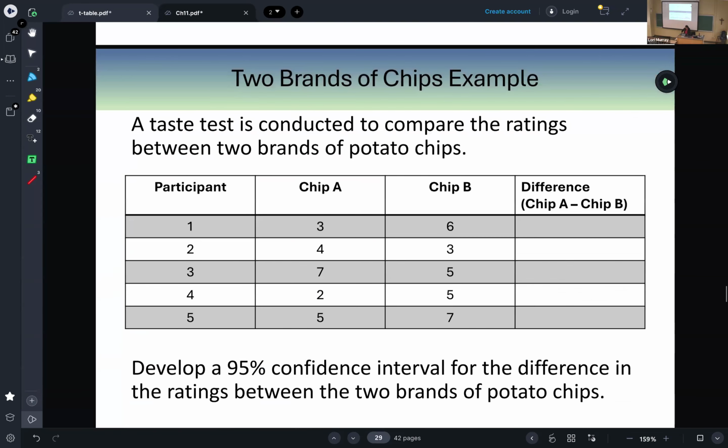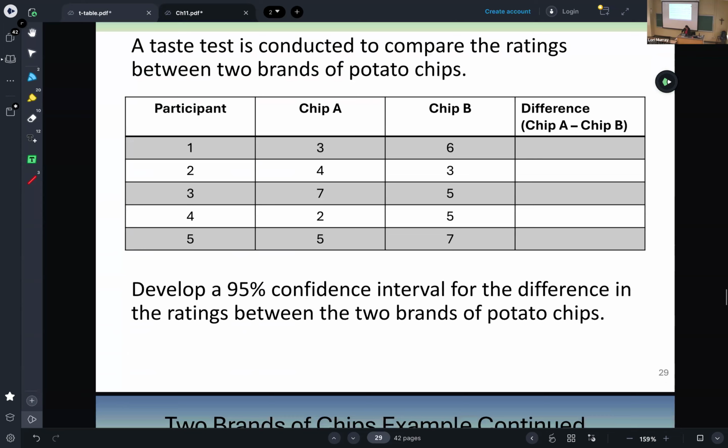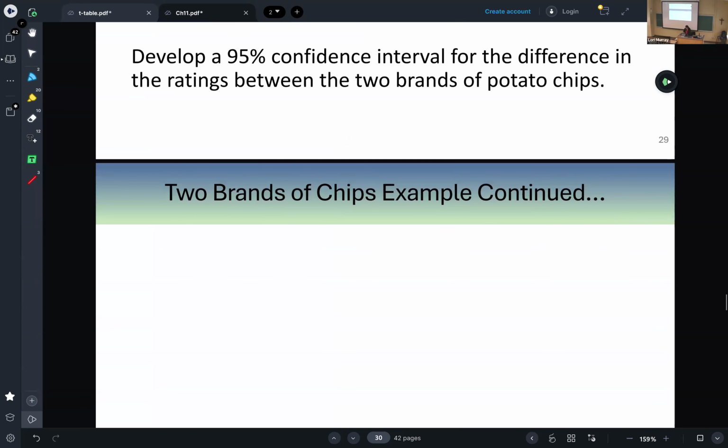Right? And here are the brands of chips. We've already done it. Develop the 95% confidence interval. And so it's just going to be this D plus or minus RT. And it's going to be a 0.025 on 4 degrees of freedom because n equaled 5. Right? There were 5.